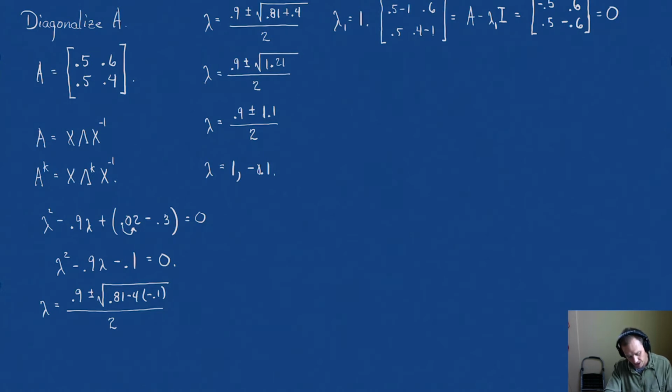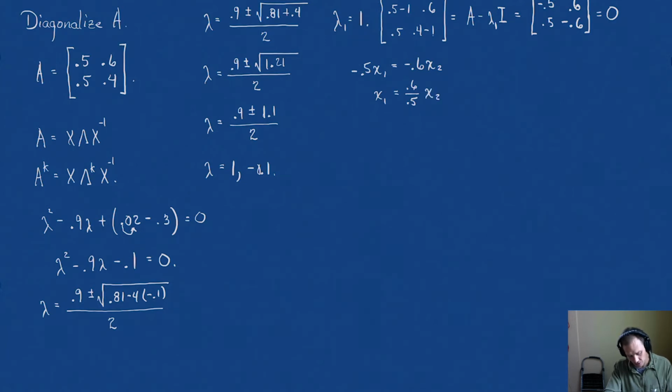What we're going to find is minus 0.5 x1 is equal to minus 0.6 x2. So x1 is 0.6 divided by 0.5 times x2.